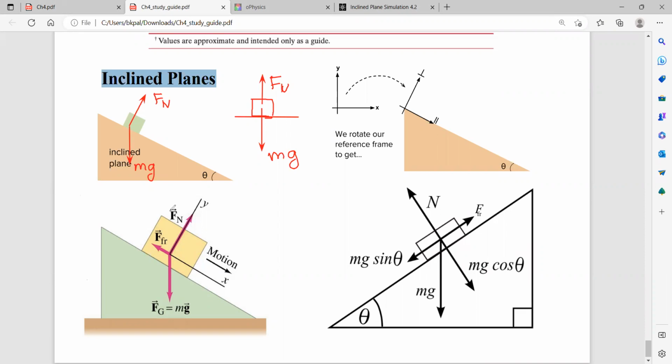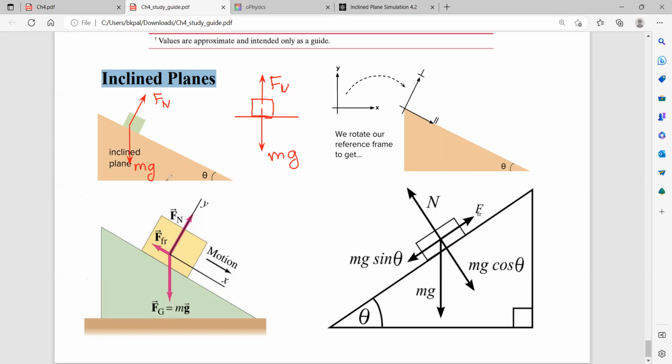And there may be some other force, pull force or push force, or the friction force, right? And we already know what friction force, what pull force, what push force. But the very important thing we have to understand here is these two forces, the Fn, the normal force, and mg.